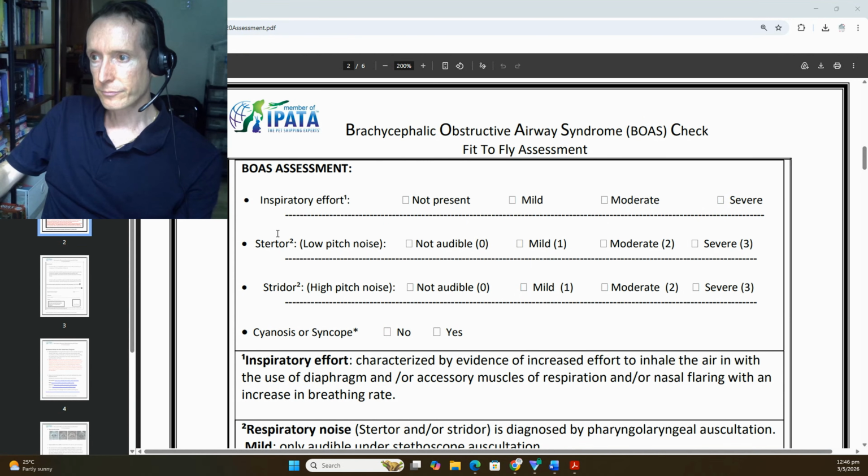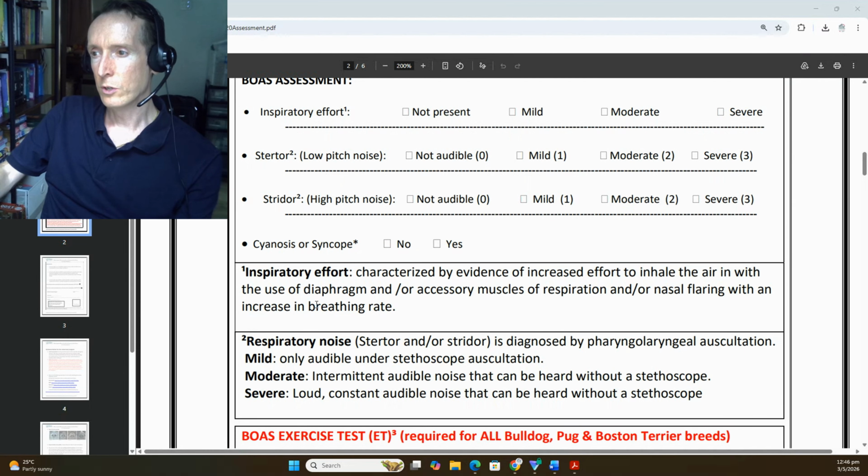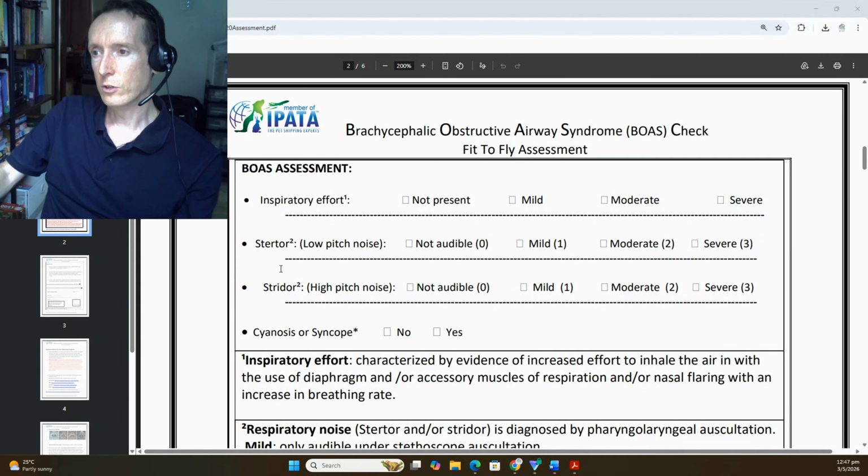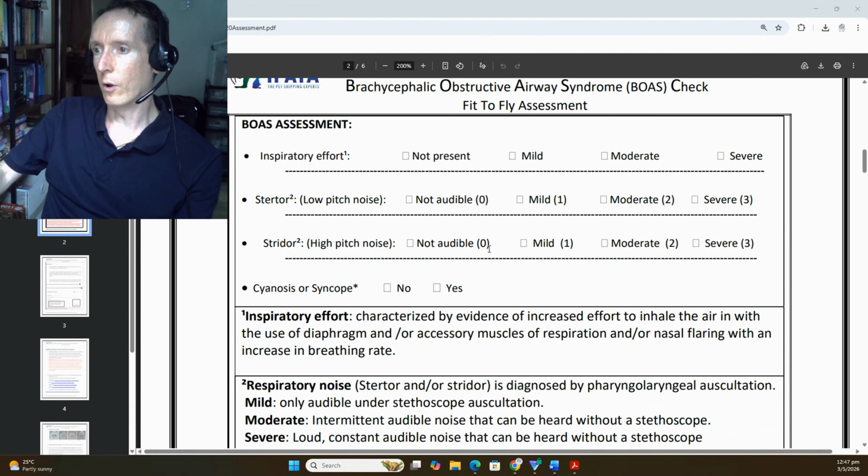Then is there something called stertor? You can actually look at videos on the internet of what stertor is, what stridor is. They're different sounds. Stertor is more like a wheezing sound, and stridor is more like a squeaking sound. Again, this is graded on how noticeable it is.